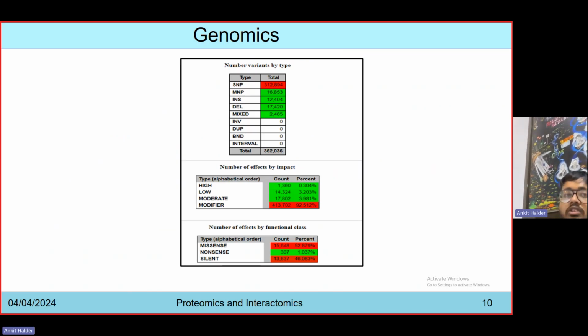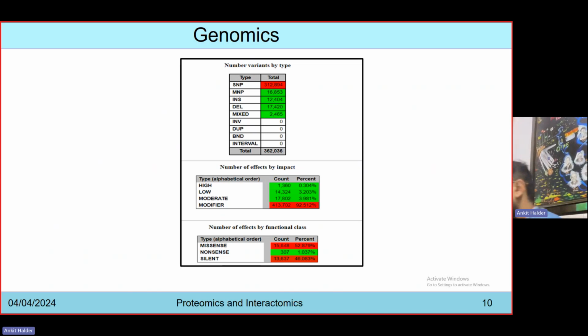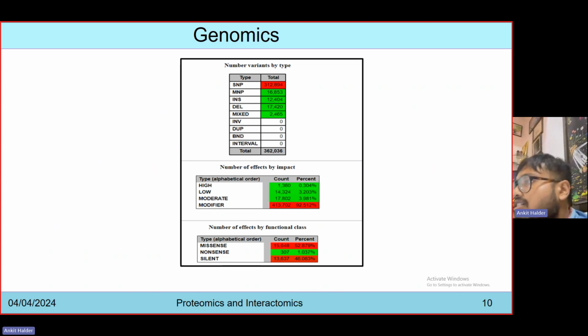After you do the genomics analysis, you will get the variants by type, like SNPs, insertion, deletion, mixed, duplication, and the number of effects by impact.